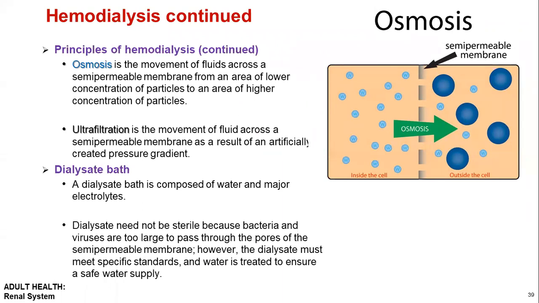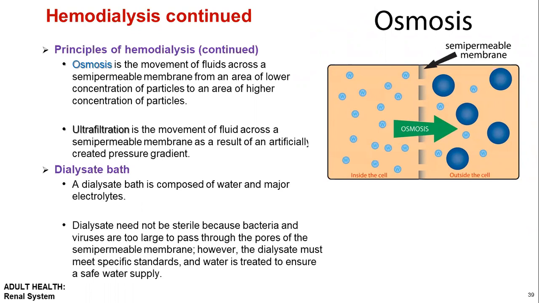In fluid number 1, inside the cell, there are so many particles, meaning the concentration is more, and outside the cell the concentration is less. Because of the difference in concentration, fluid is supposed to move from one side to the other.